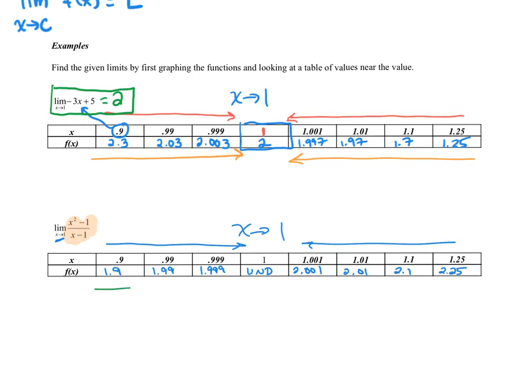So now if I look at what happens to the f of x values, the y values, as it approaches that, well, this one we're up to like 1.99 and this one we're at like 2.01. So I feel fairly confident saying the limit is 2. Now in this case, there was no value at 1. This was actually undefined. But again, it doesn't matter what happens at that point, only what happens as you approach it.